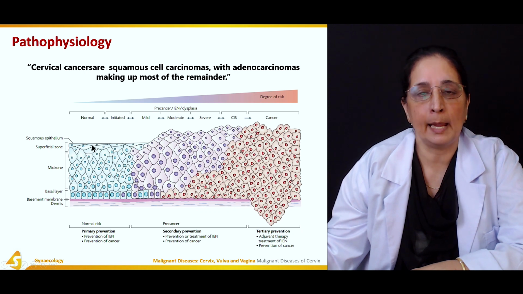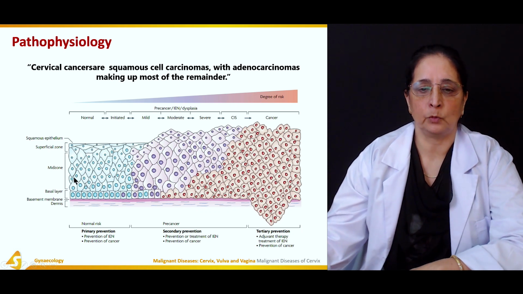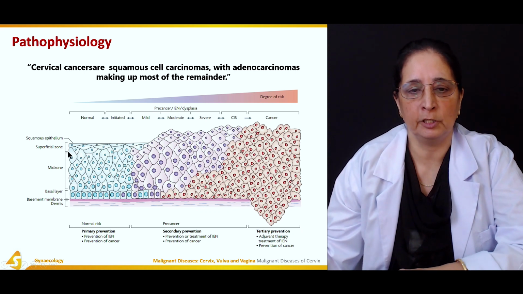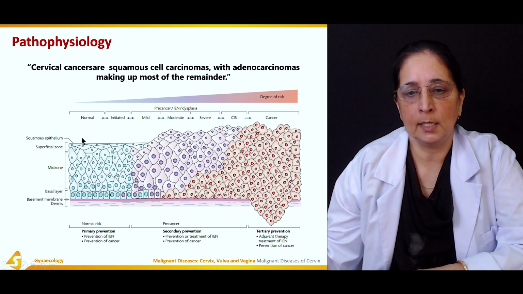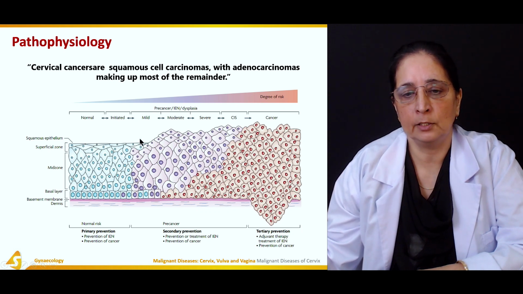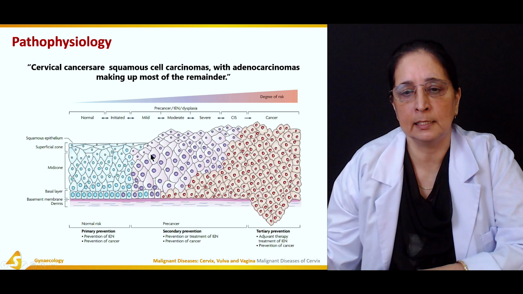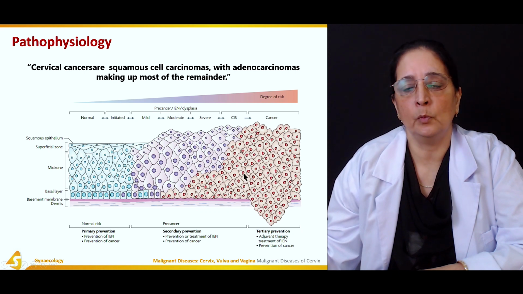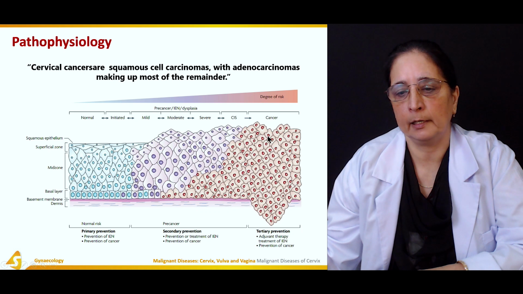That's the normal epithelium, how the squamous epithelium looks in a normal individual. Once changes start, this is the mild. From normal, now there are mild dysplastic changes. Then we have moderate, severe, then carcinoma in situ, and then cancer.